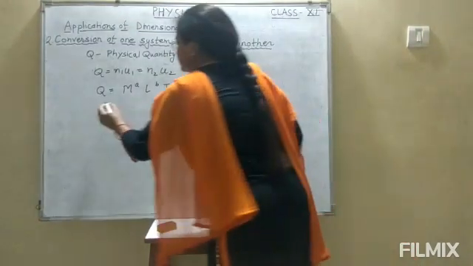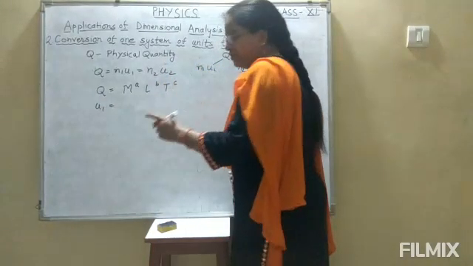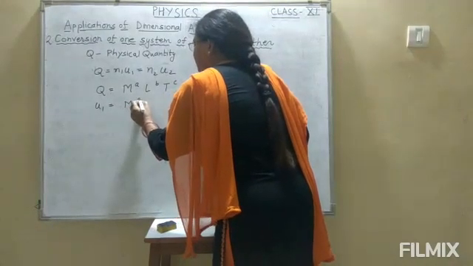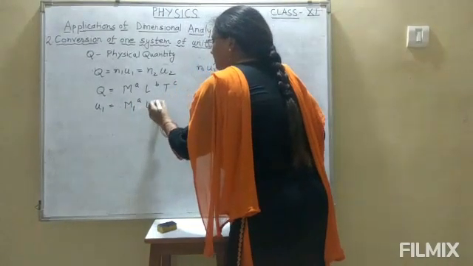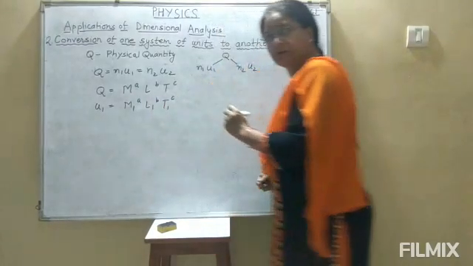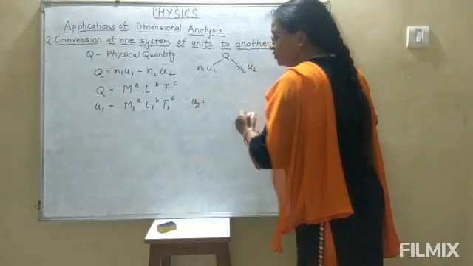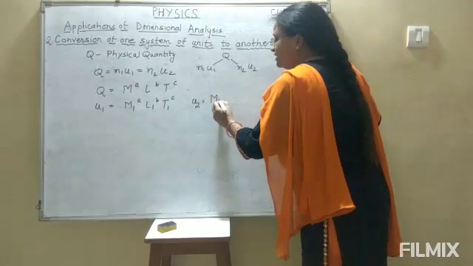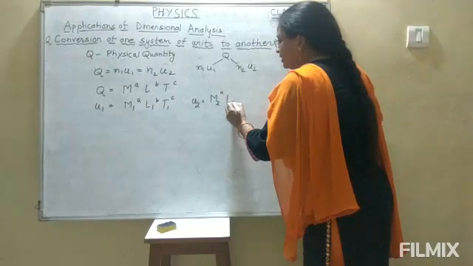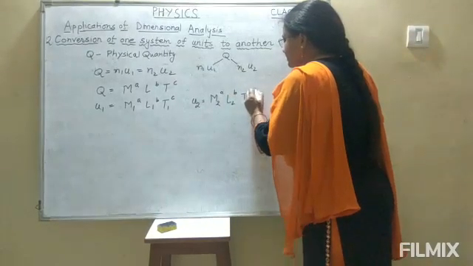And in the first system of unit, U1 is equal to, we consider M1 raised to power a, L1 raised to power b and T1 raised to power c. And in the second system of units, U2 is equal to M2 raised to power a, L2 raised to power b and T2 raised to power c.